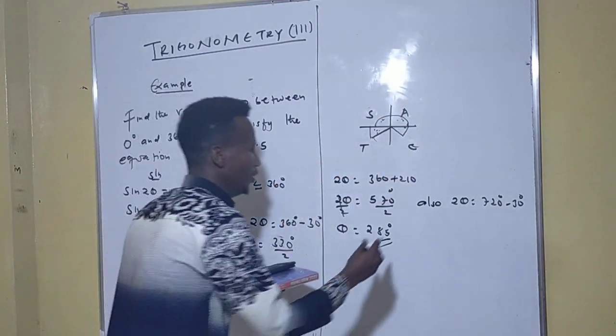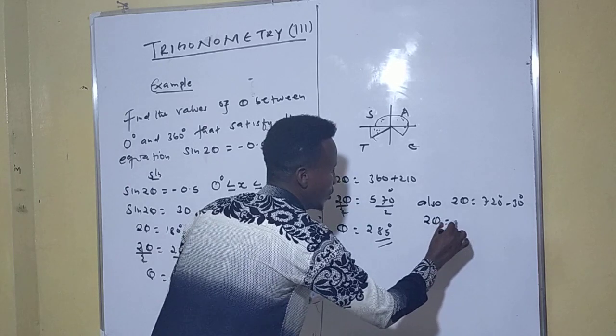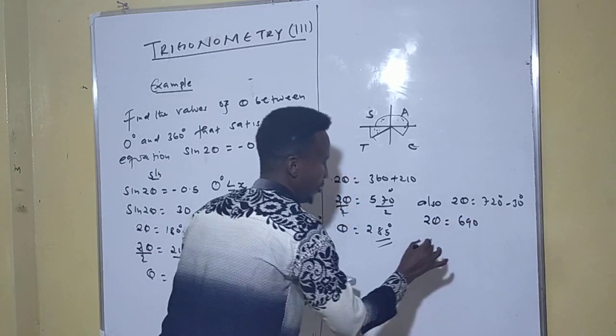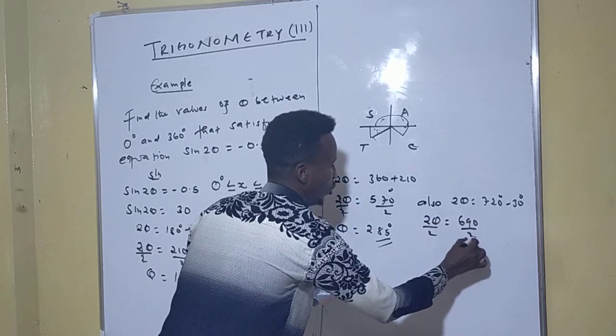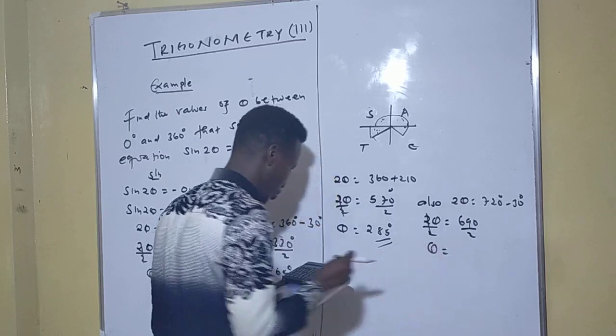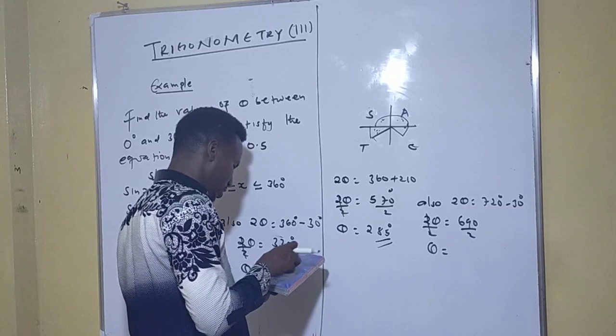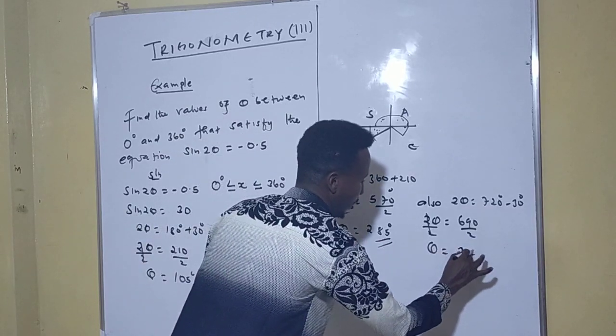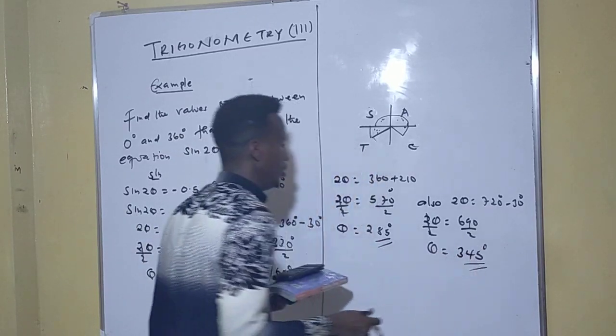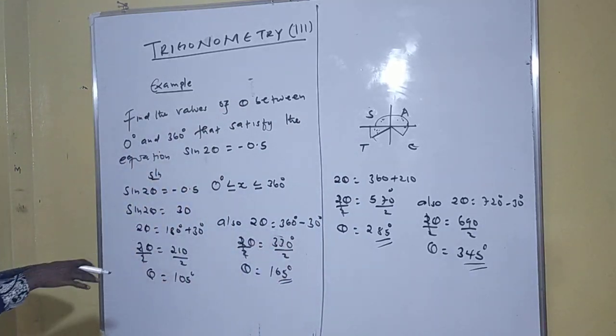Just understand that. So this will give me 2 theta is equal to 690. Okay? Over 2, cancel. Theta is equal to 690 divided by 2. That is 345 degrees.